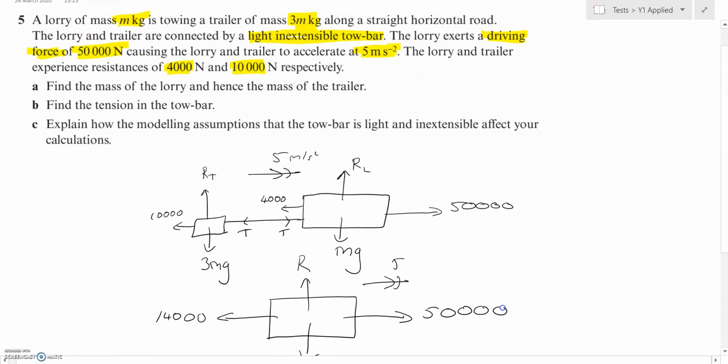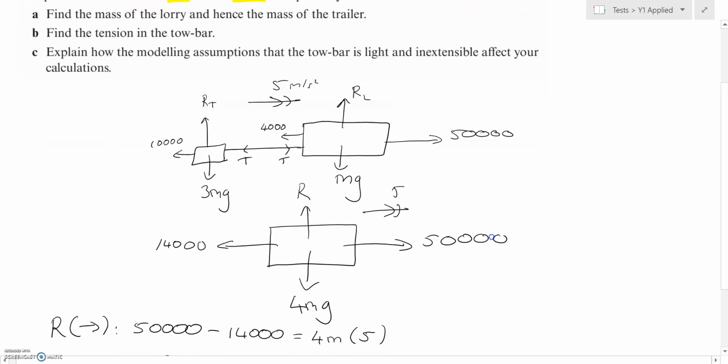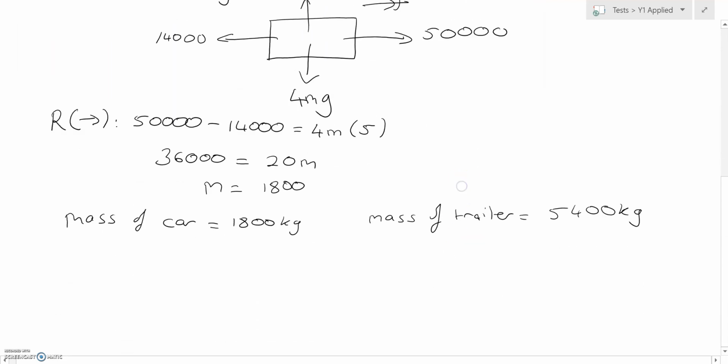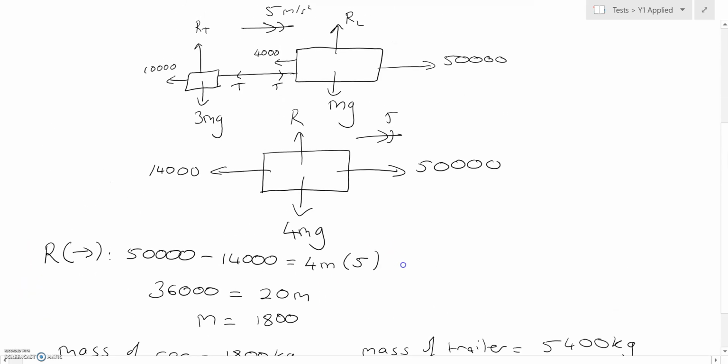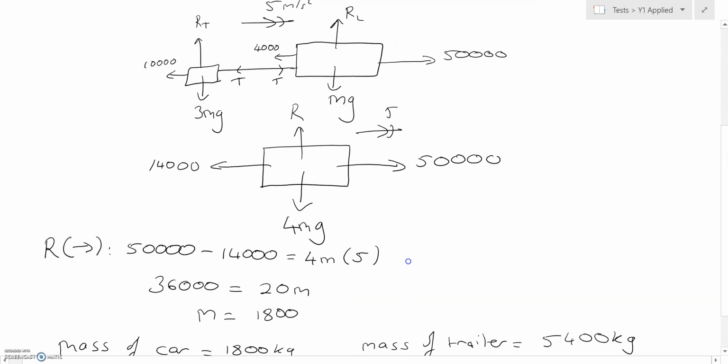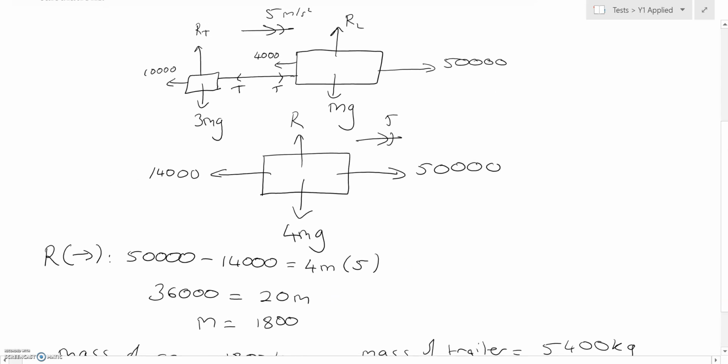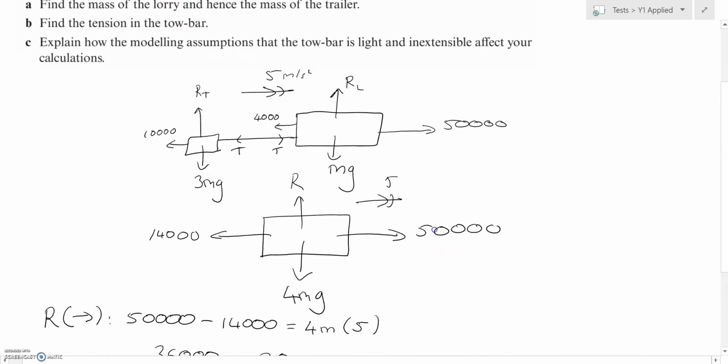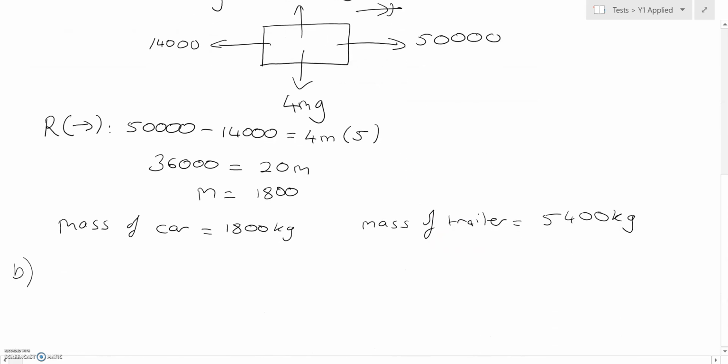Now that's part A done. Part B said find the tension in the tow bar. Again, it doesn't matter which particle you look at, whether you're looking at the lorry or the trailer. I'm going to look at the trailer.